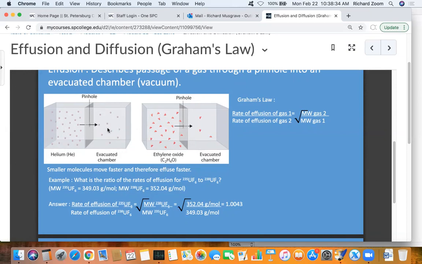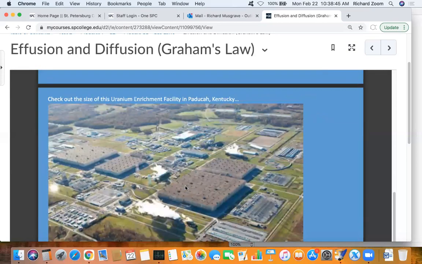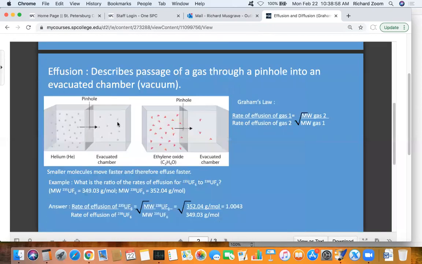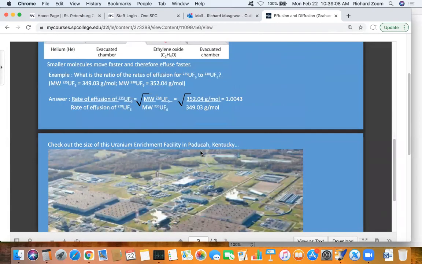It takes a large number of trials, but once you've done this a large number of times, you can end up enriching a mixture of uranium with uranium-235. This is a very big facility. It's the uranium enrichment facility in Paducah, Kentucky, and it uses a lot of these kinds of chambers to purify mixtures of uranium-238 and uranium-235 into something that's got uranium-235 a bit more in it, and that's more fissionable.